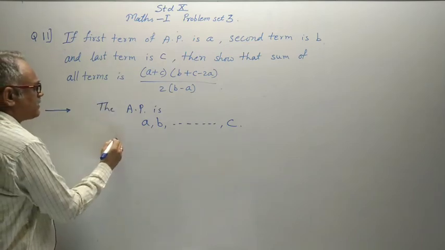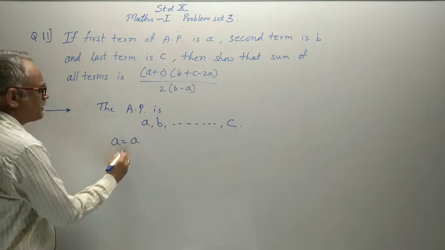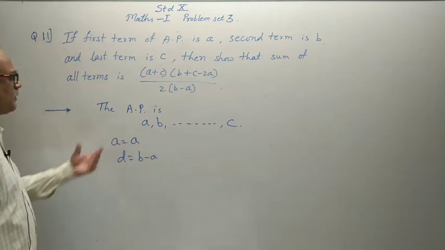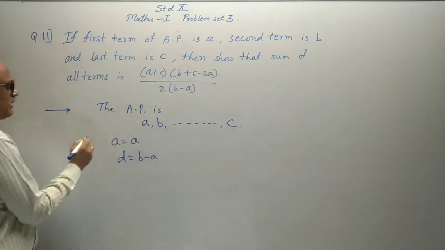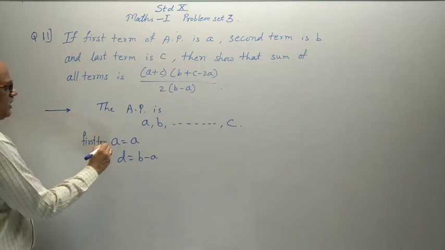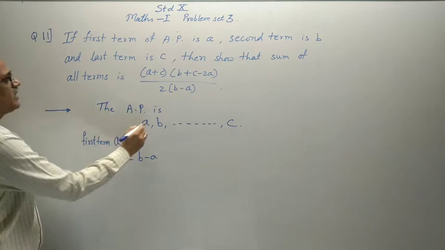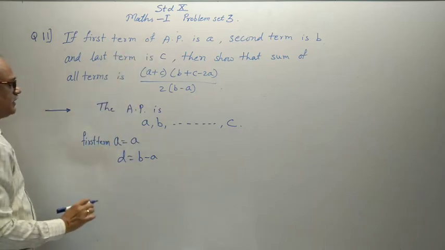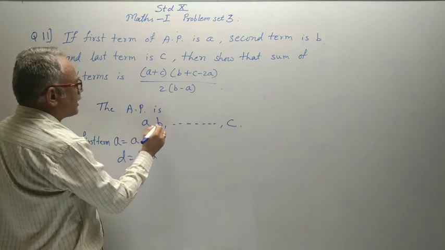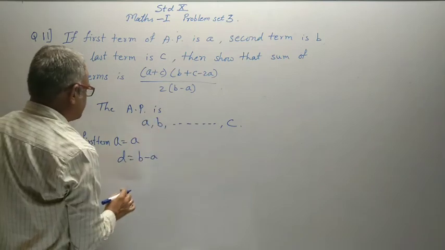First term a equal to A. The common difference D is B minus A, second term minus first term. We also denote the first term by a, and here also they have given A. The last term is given as Tn, and D means the difference between two consecutive terms, next minus previous.